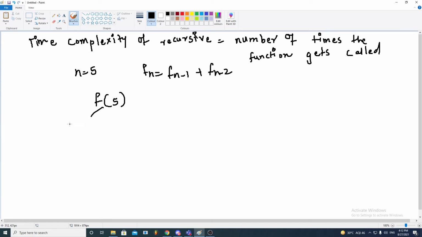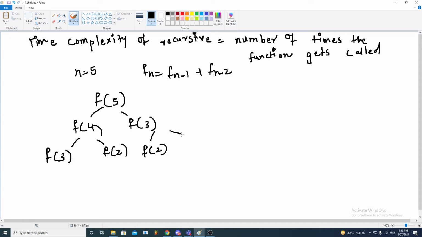After that comes f of 4, which splits into f of 3 and f of 2. These are further called recursively into f of 2 and f of 1, and f of 3 is divided again till we get f of 1 and f of 0.